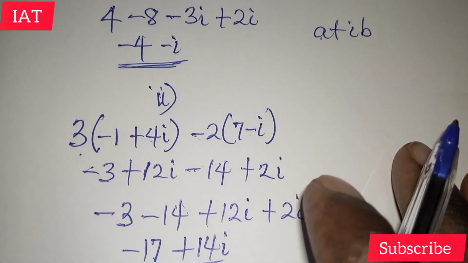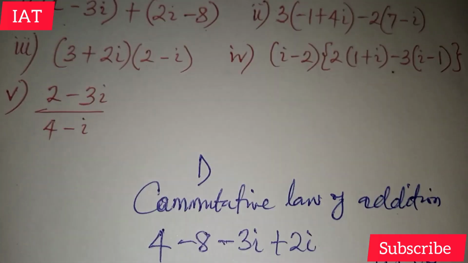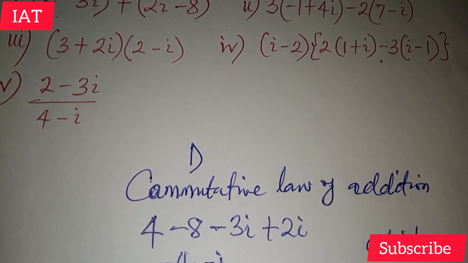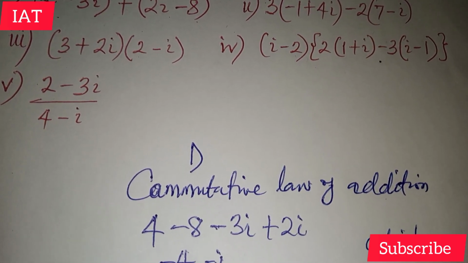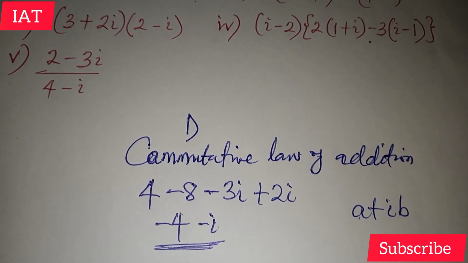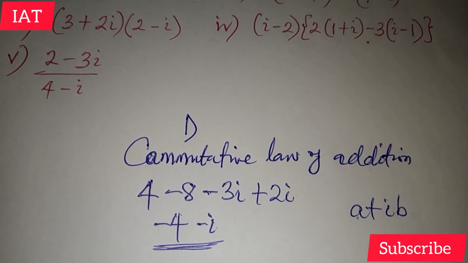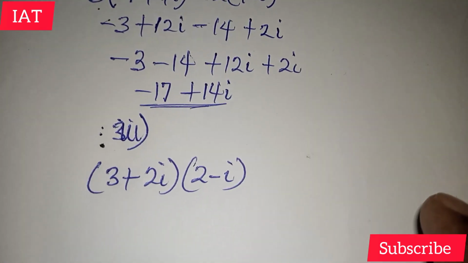The next one we're having is for multiplication, and that question reads, that's the III, 3 plus 2i multiplied by 2 minus i. So let's work on that quickly.